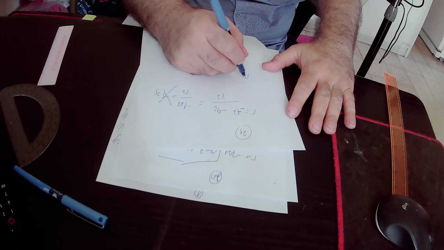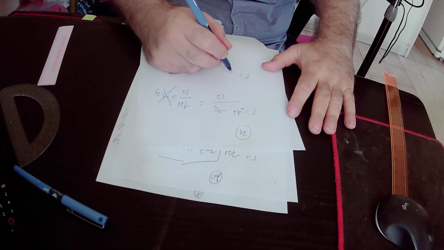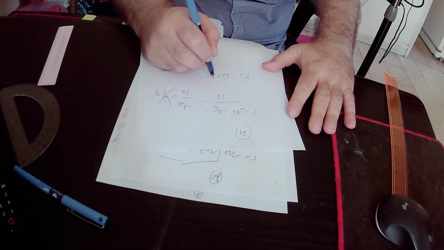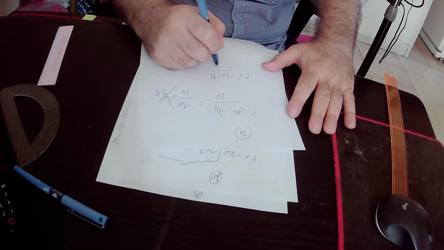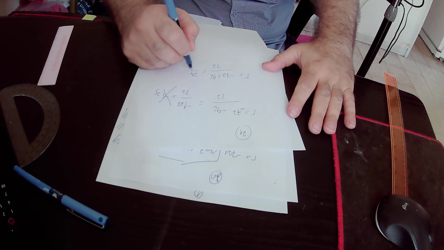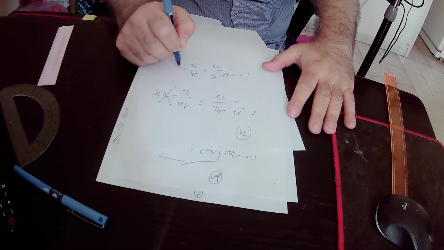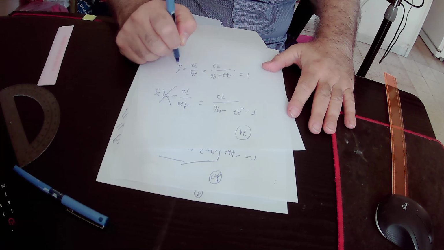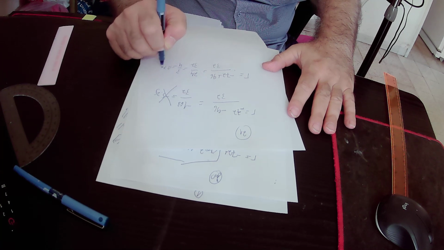the other solution that we will get is that R equals minus 72 plus 96 over 32, equals 24 over 32, that is actually 3 over 4 or 0.75.